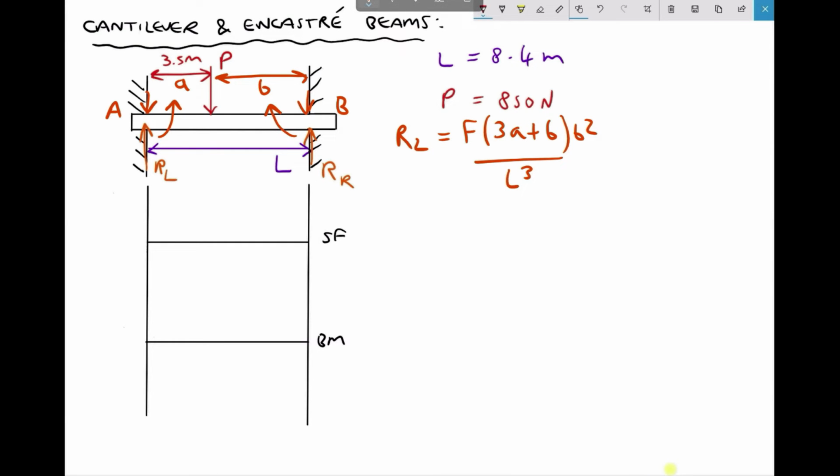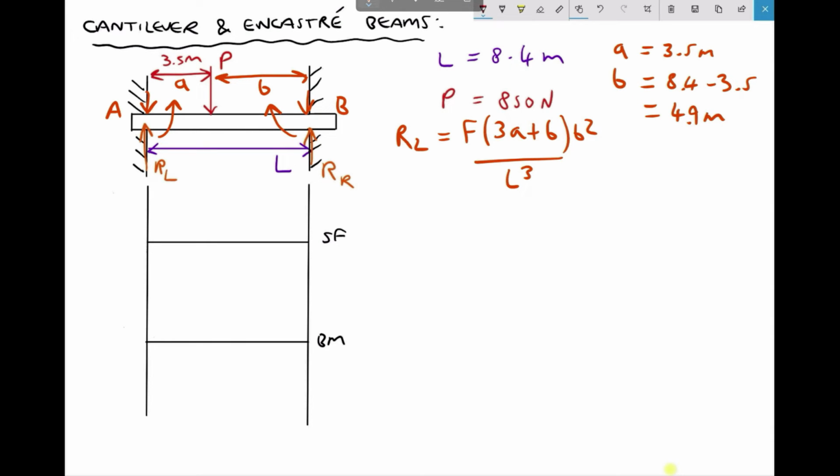So as we can see, A in this equation is 3.5 metres, and B can be easily calculated because it's the length of the beam, 8.4, minus A, which is 3.5, giving us a length B equal to 4.9 metres.